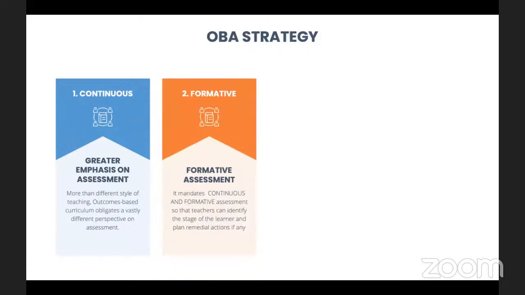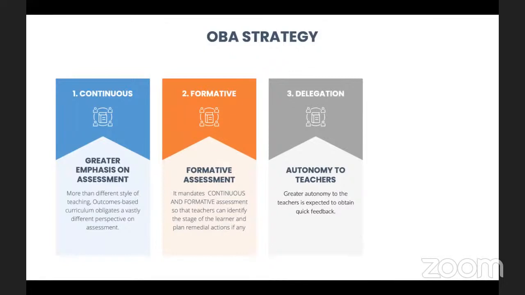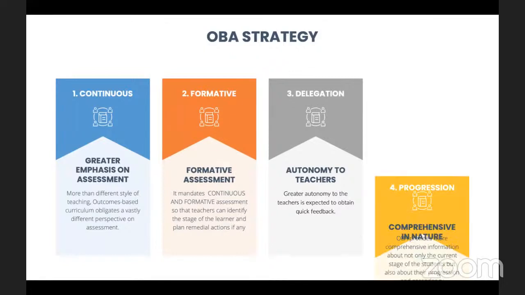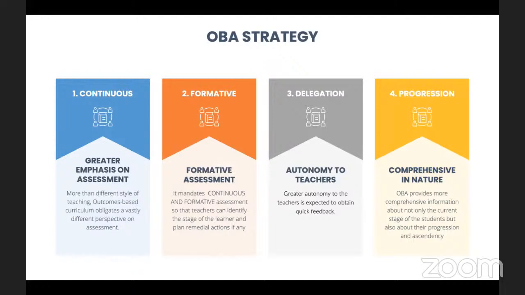Generally, what is said is that if you are implementing outcome-based assessments, it should be continuously done. Greater emphasis on assessment is important in implementing OBE. OBE means outcomes-based assessments. We have to constantly look at how to avoid misalignment.